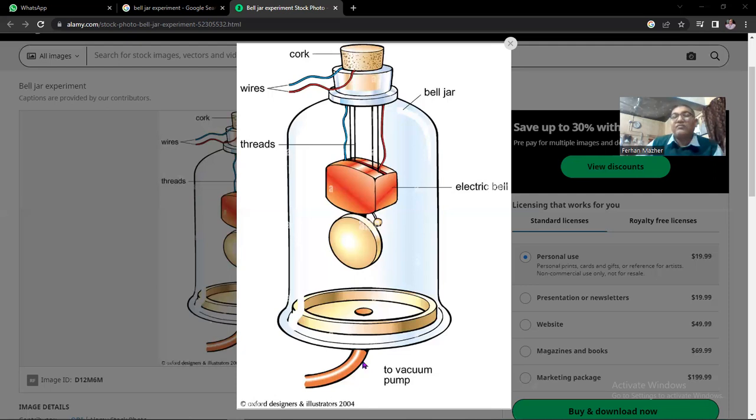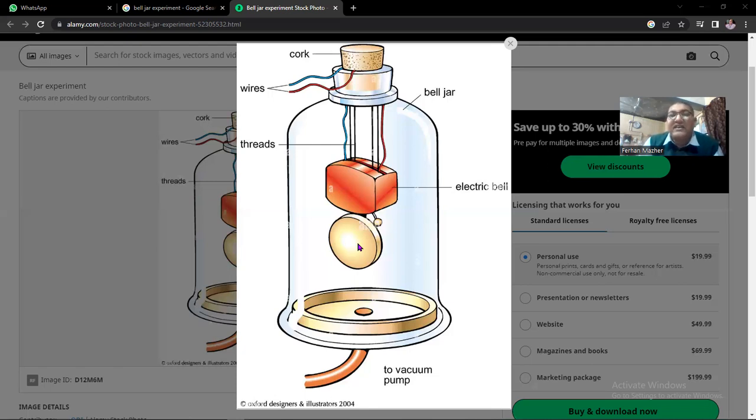As the vacuum pump starts sucking out the air, you will see that the hammer is striking the gong, but the sound which you hear will gradually become fainter and fainter, and eventually there will be no sound.